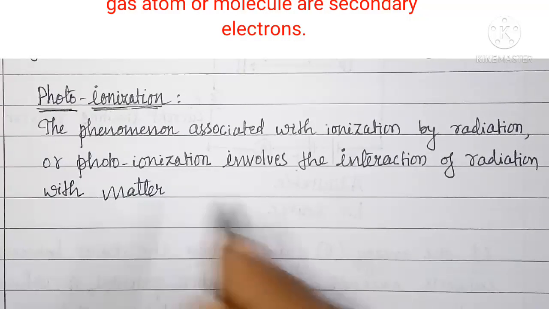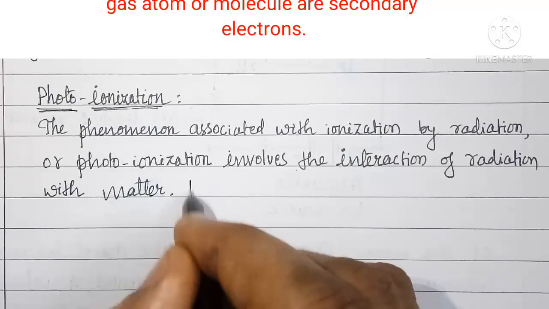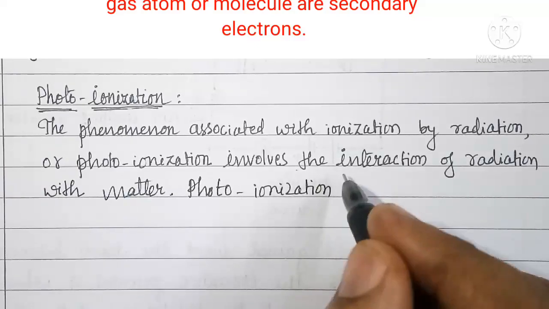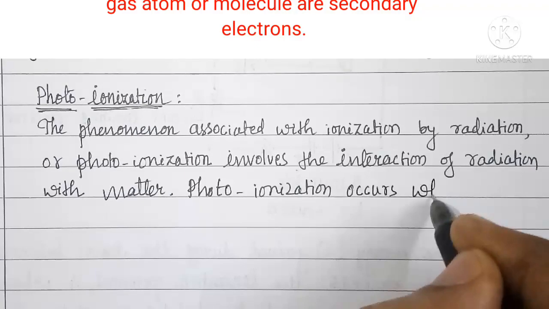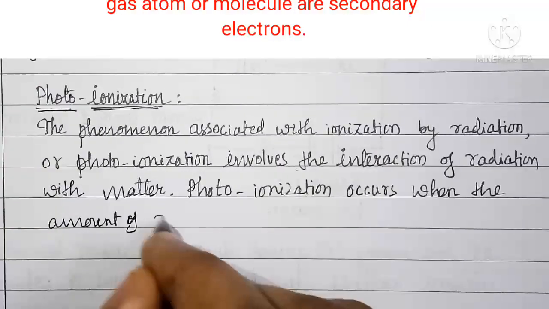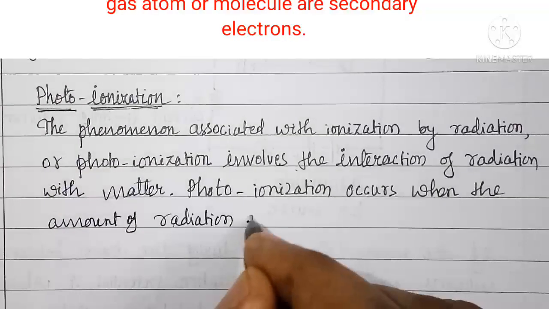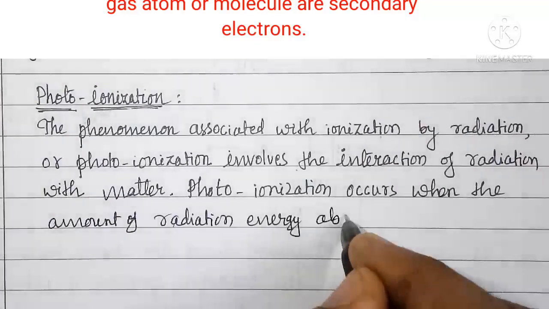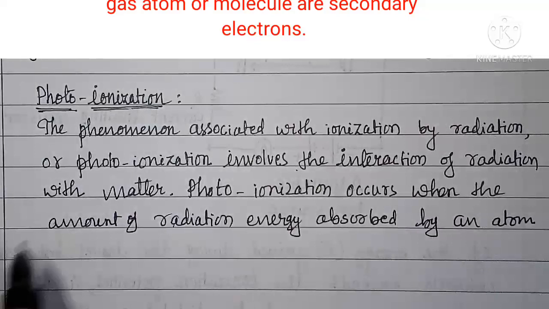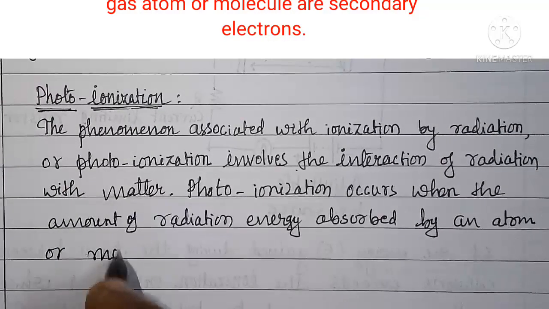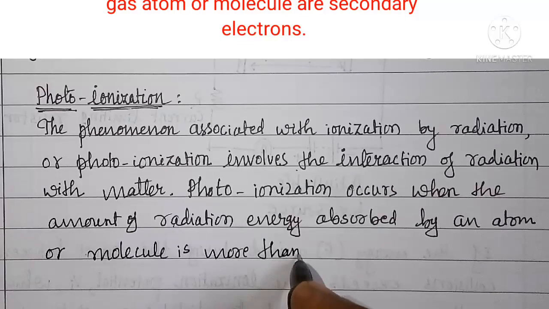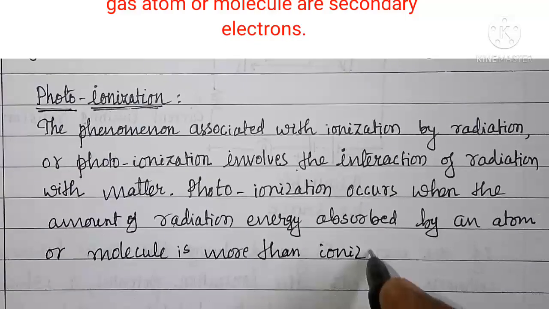Here matter means gas. Photo-ionization occurs when the amount of radiation energy absorbed by an atom or molecule is more than ionization potential.